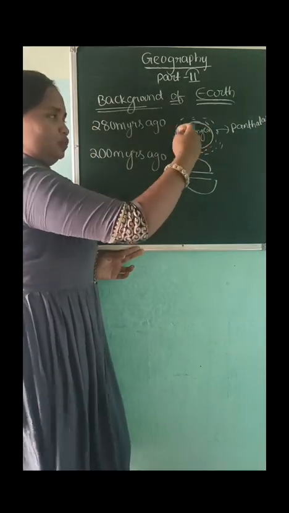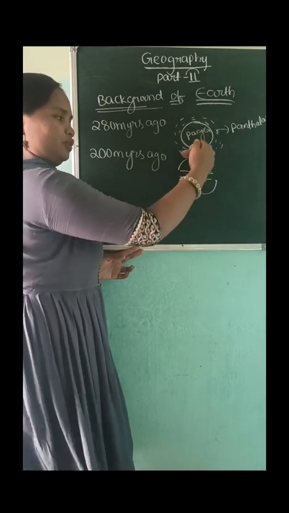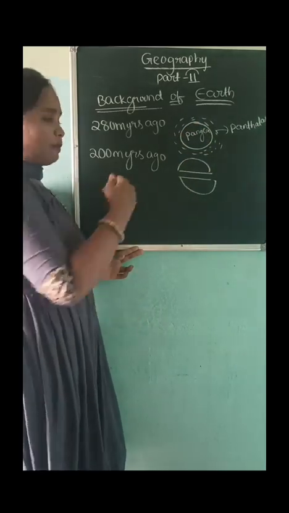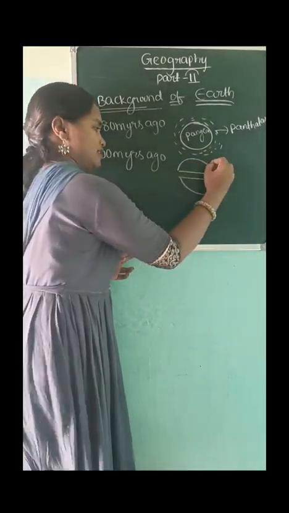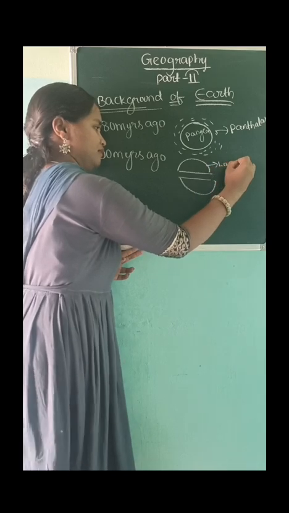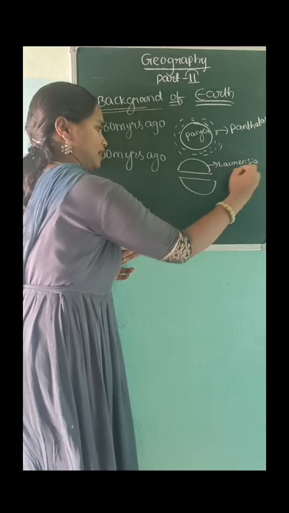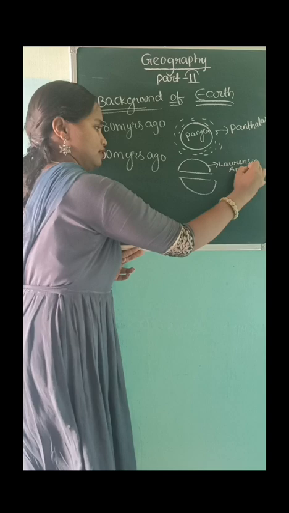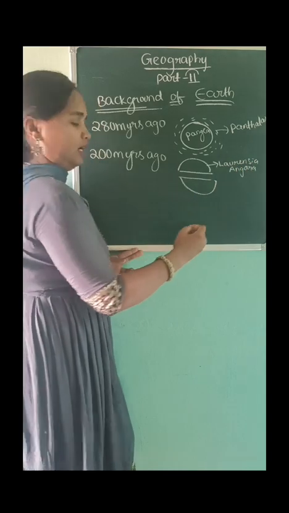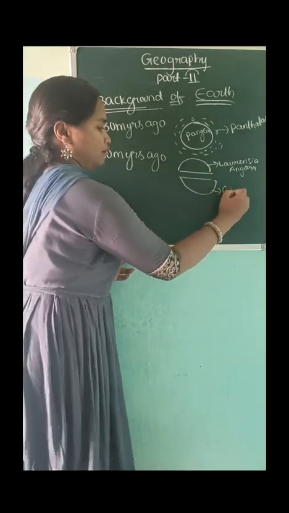Then 200 million years ago, this Pangaea got divided into two subcontinents. One is Laurentia. It is also called Angara. And the downward one is called Gondwana.